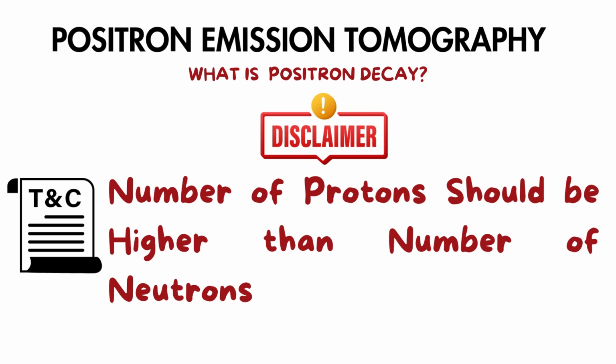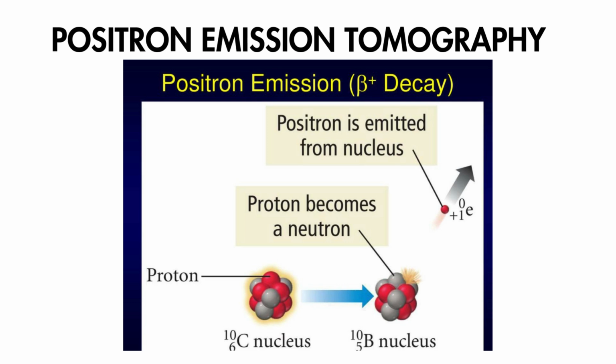Here, the only condition is an atom which has an unstable nucleus. It means that the number of protons should be higher than the number of neutrons. The most important condition for positron decay to happen is that the number of protons has to be higher than the number of neutrons.